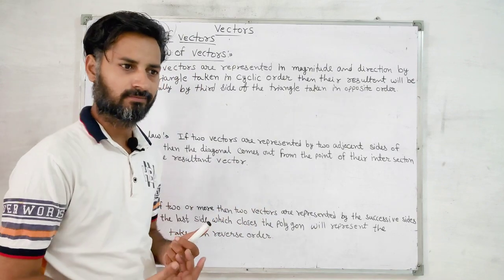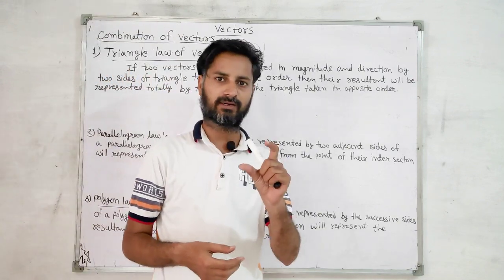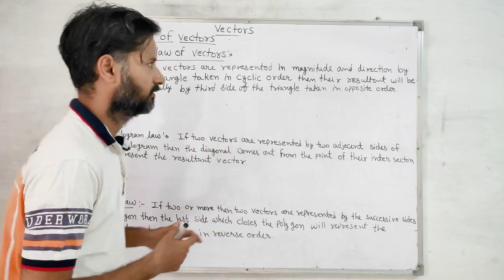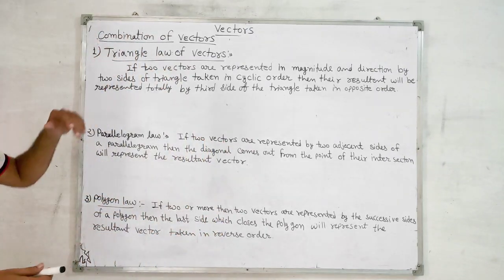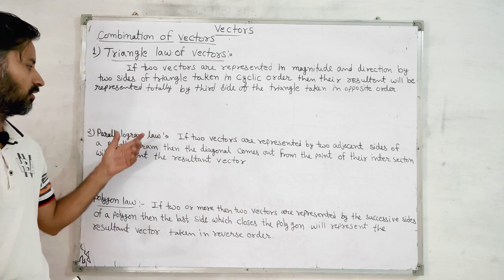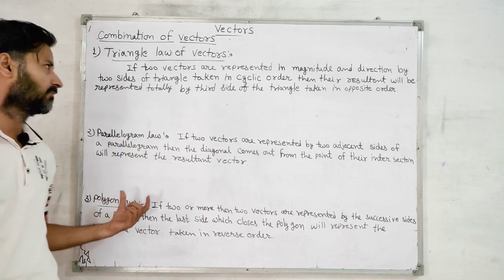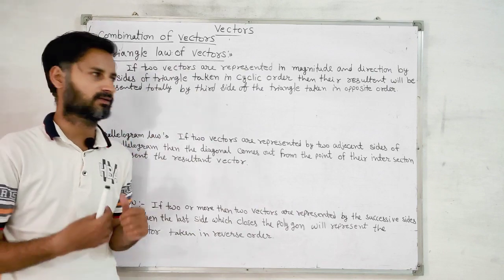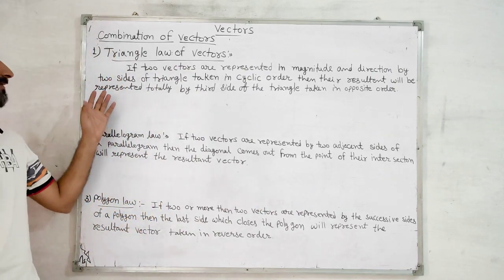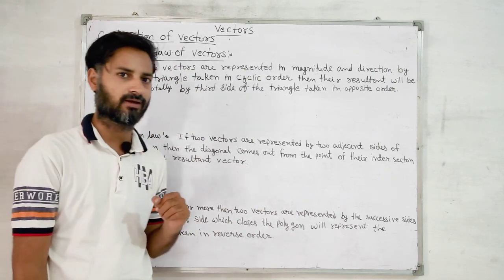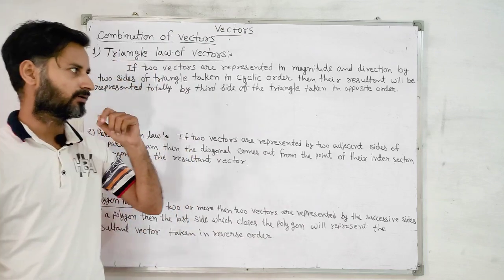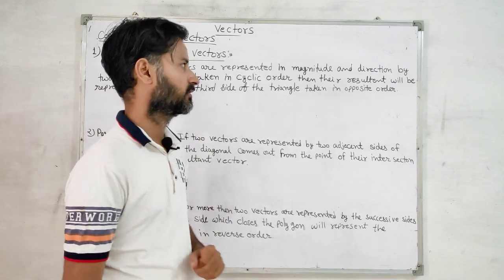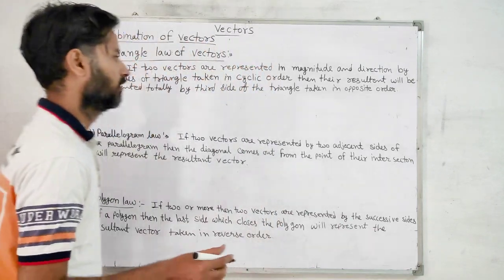When two vectors are combined, we get one vector which is called the resultant vector. For combining vectors, we have three laws: triangle law, parallelogram law, and polygon law. In the triangle law, if two vectors are represented in magnitude and direction by two sides of a triangle taken in cyclic order, then their resultant will be represented totally by the third side of the triangle taken in opposite order.